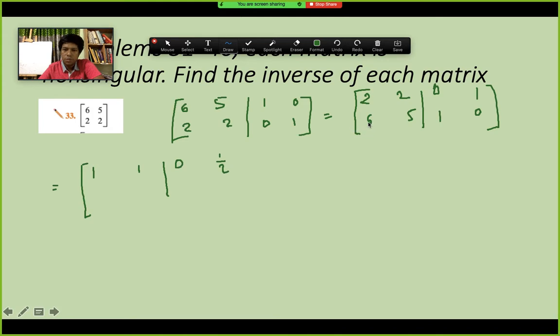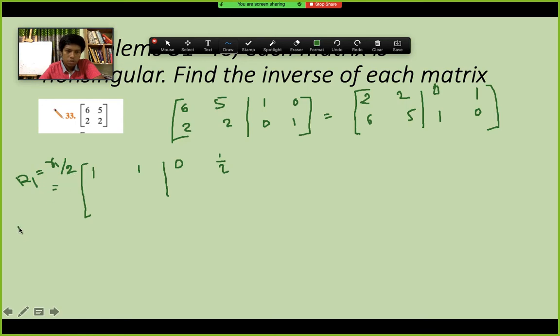Now this line. We said this line into 3, let me write what I'm doing here. So we have done R1 equals R1 divided by 2.